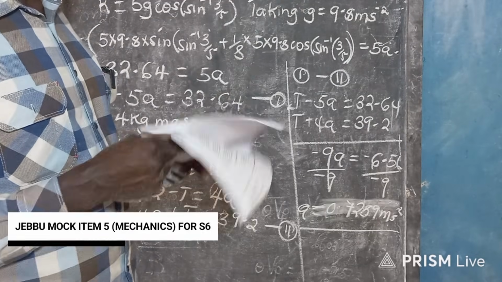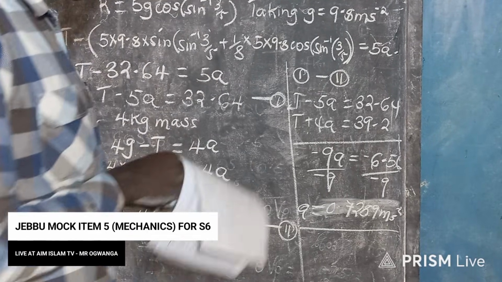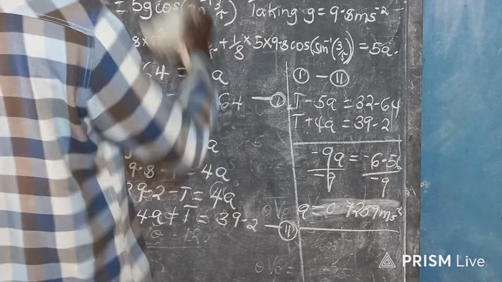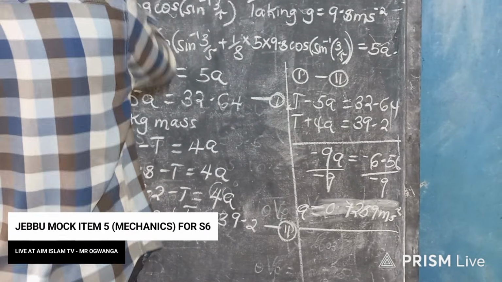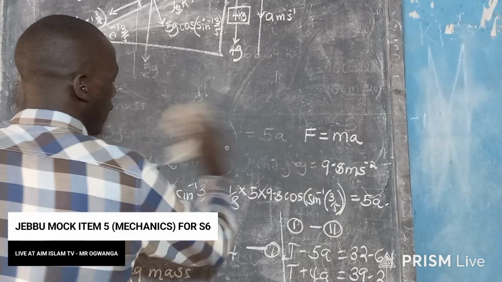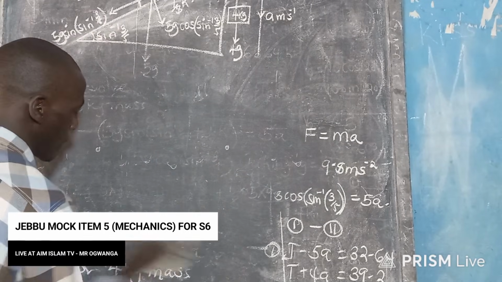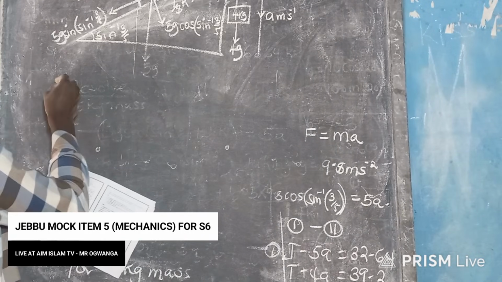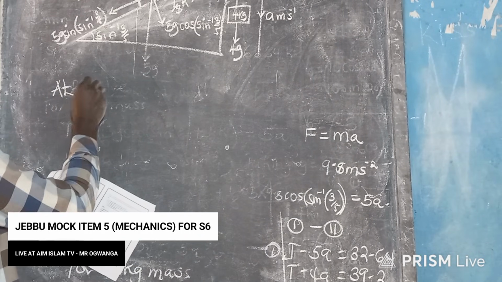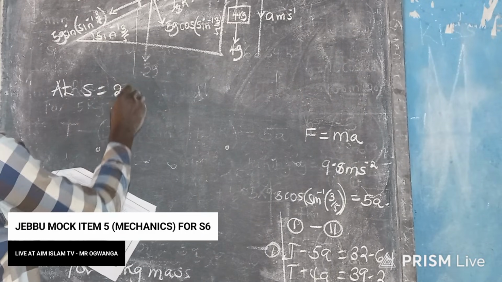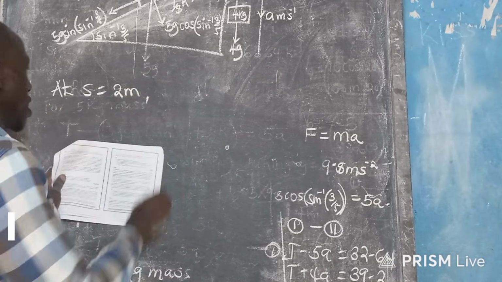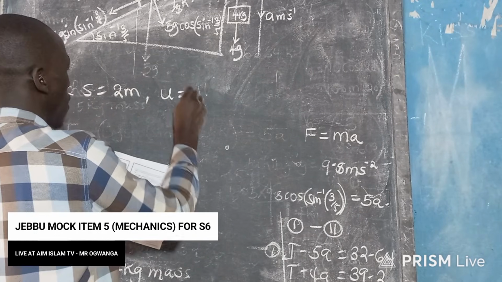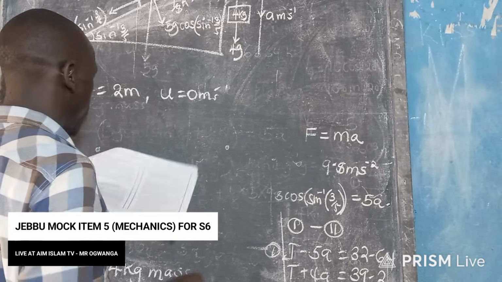So I'm going to say at s equal to 2 meters, because it is initial, our u is going to be 0 meters per second.